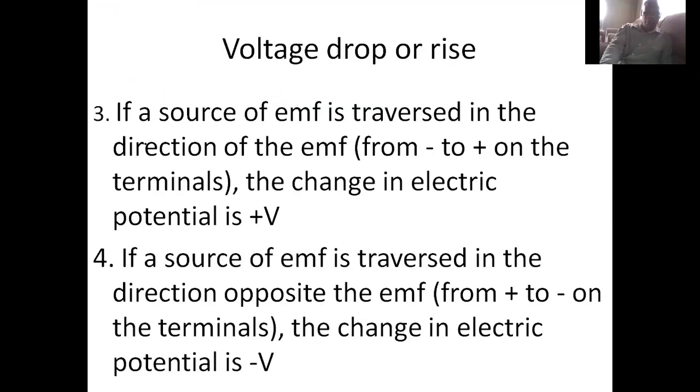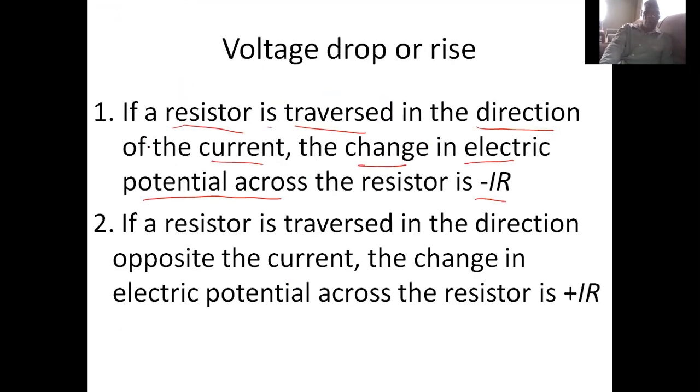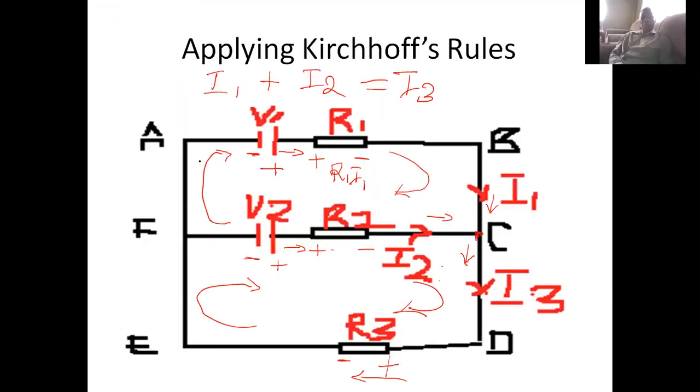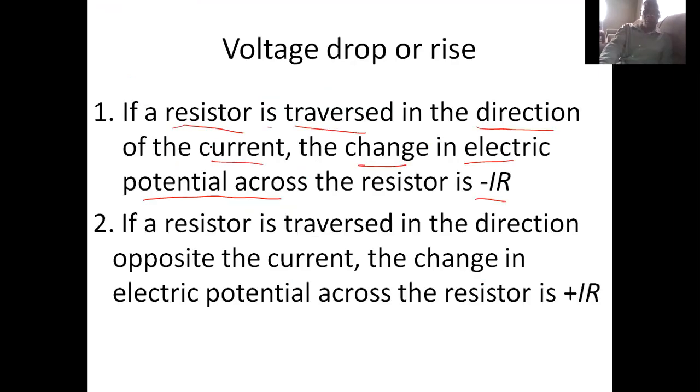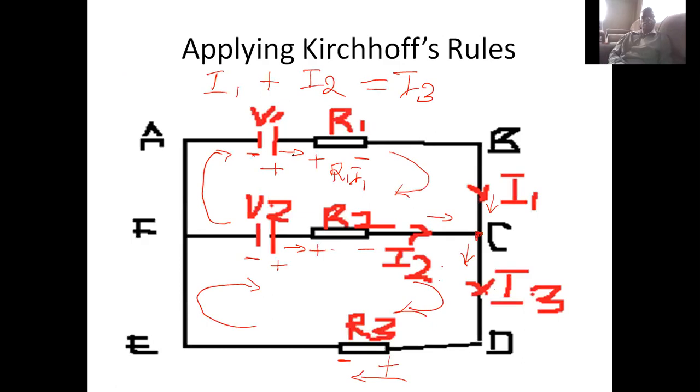Okay, so if we look at the first one here, we said this will be positive V1. Why is it V1? Because we are moving from a low potential to a higher potential, from negative to positive.